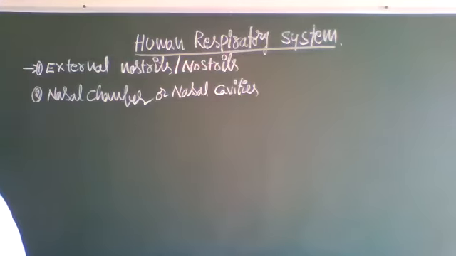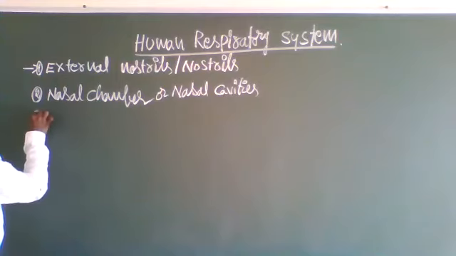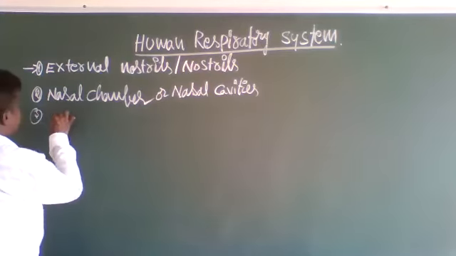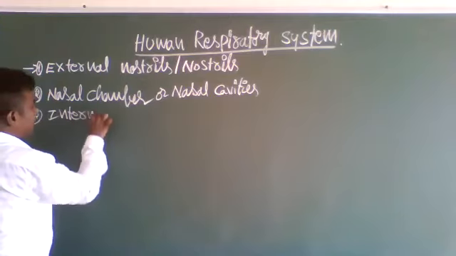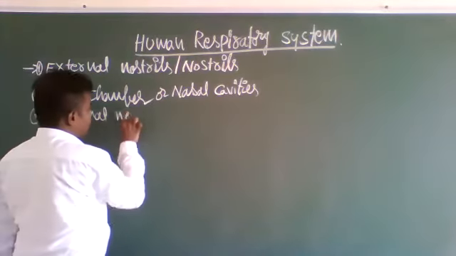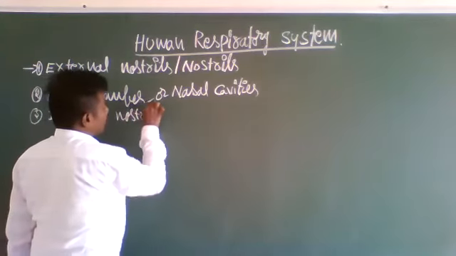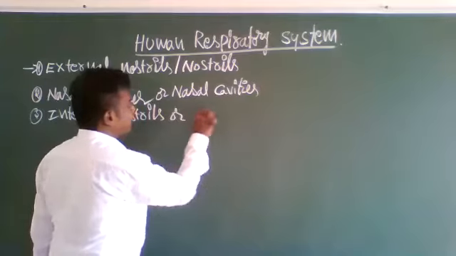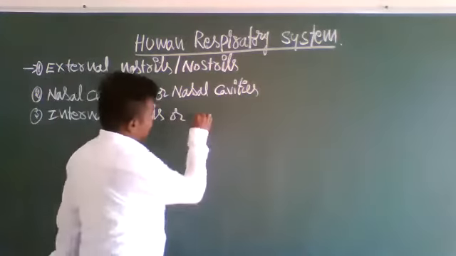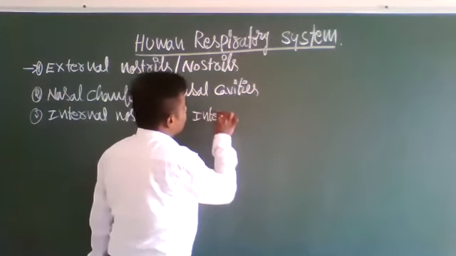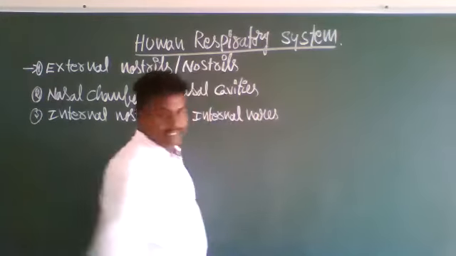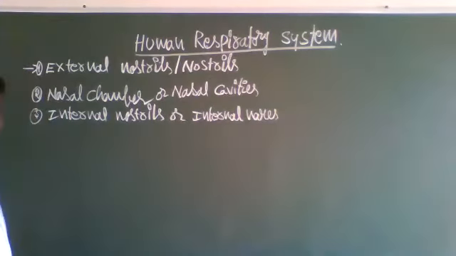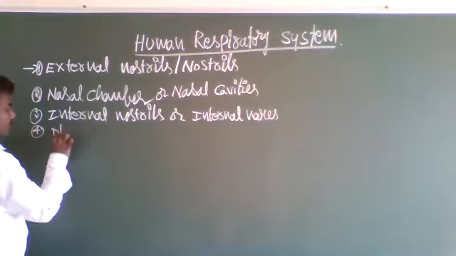External nostrils are nostrils, nasal chambers are nasal cavities. Third one is internal nostrils, or internal nares.